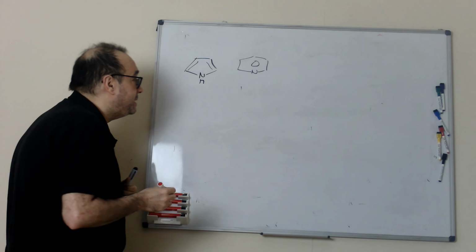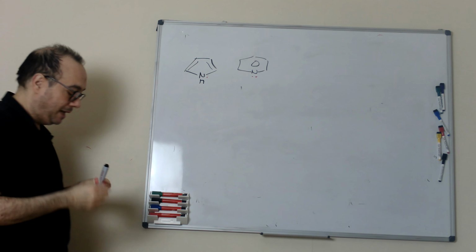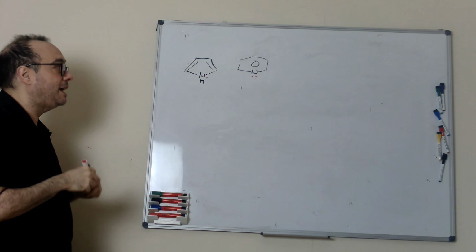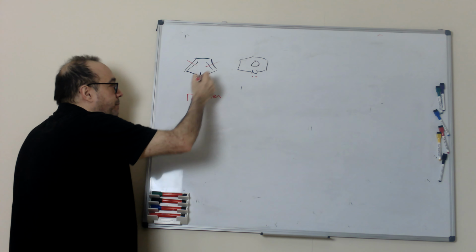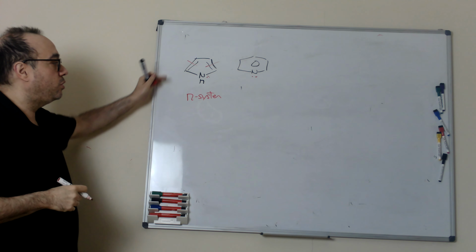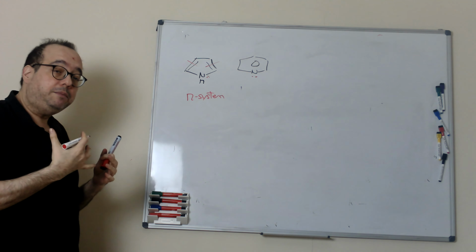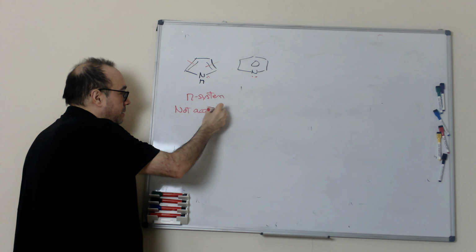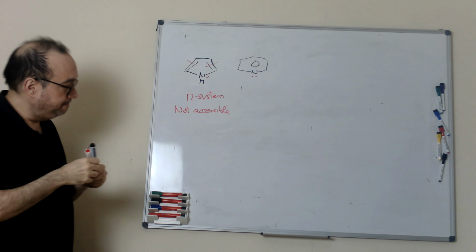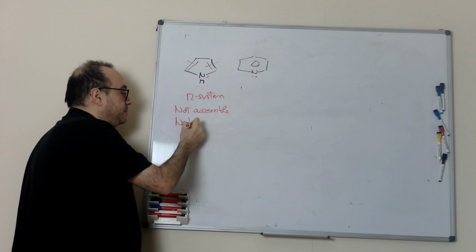What we need to check is the pair of electrons of the nitrogen, and we have to localize this pair of electrons. In this case, this pair of electrons is part of the pi system. We have 2, 4, and this pair of electrons must be in the pz orbital. If they are in the pz orbital, it means that they are not accessible. That means this compound will not be basic.